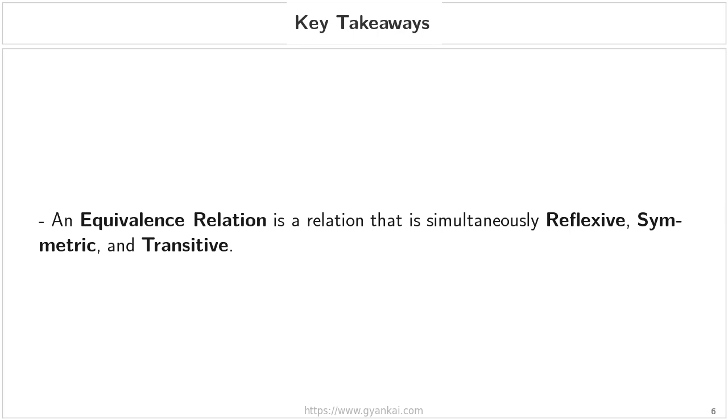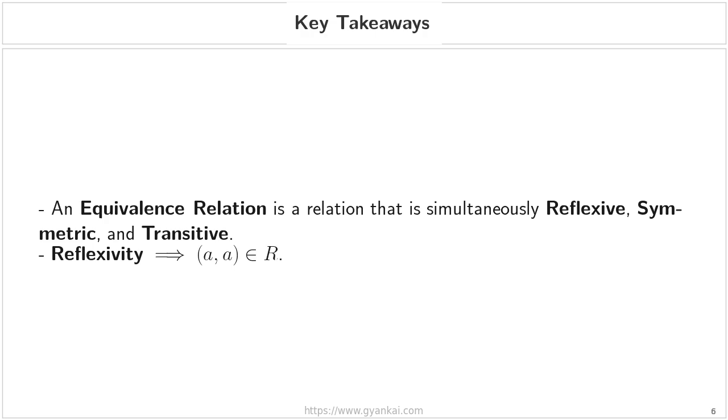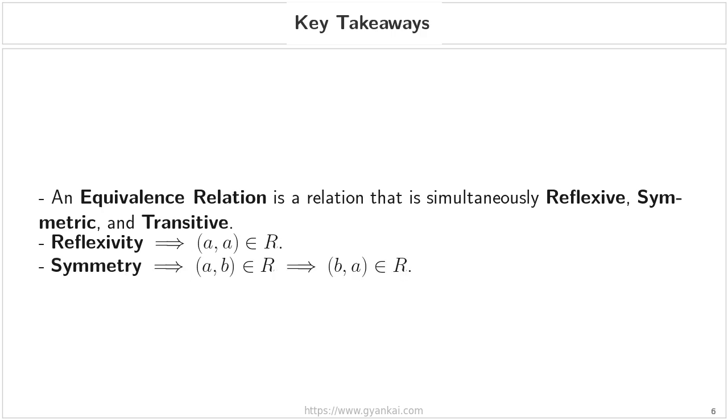To recap the mathematical requirements. Reflexivity means that for every element A in the set, the pair (A, A) must belong to the relation R. In simple terms, every element must be related to itself. Symmetry means that if the pair (A, B) is in the relation R, then the pair (B, A) must also be in the relation R. This is the two-way street property we saw in our parallel lines example.